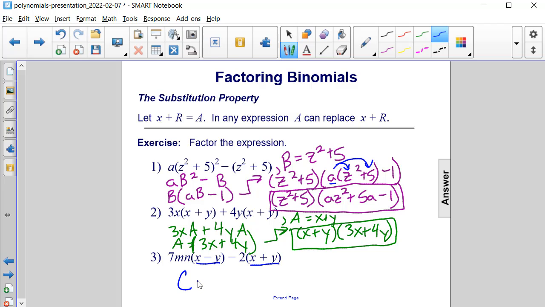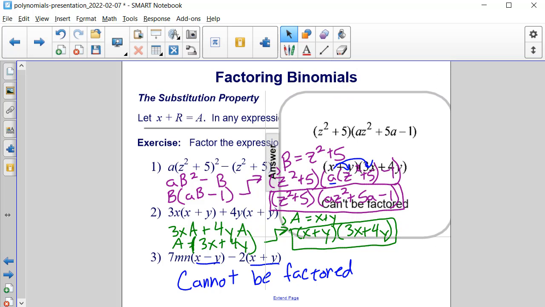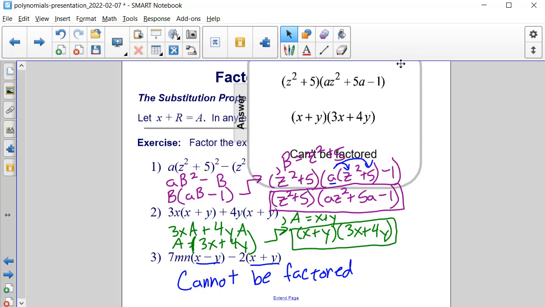So the correct answer for this one is cannot be factored. And here are the answers. It does say for the last one can't be factored, and our top two factored polynomials match what we have boxed in here.